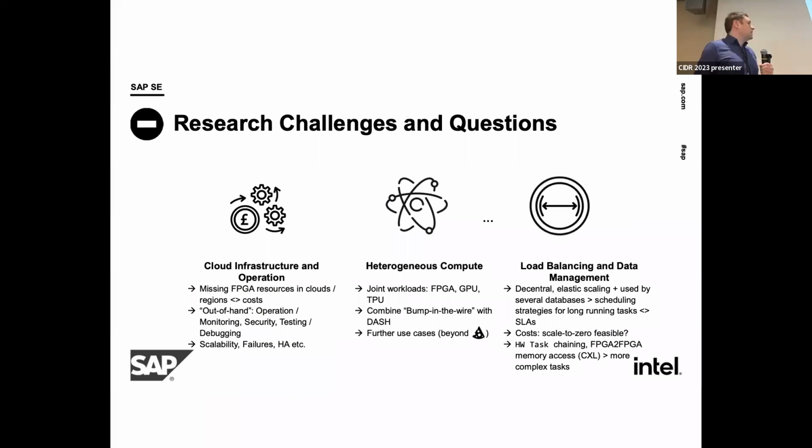And that leads to the research challenges and a lot of questions that you also have. Let me, in the interest of time, skip the cloud and operation part, because I think you probably also know how difficult that is. Maybe let me talk about one or two things that might be of especial interest to you.